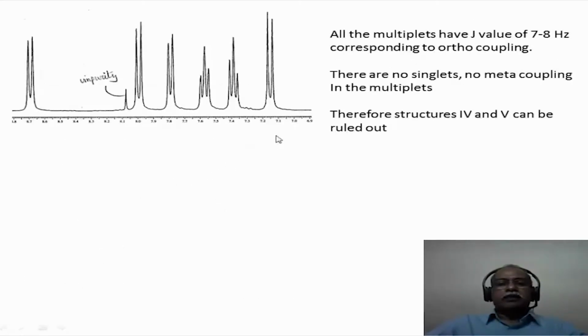In other words, from 7 ppm here all the way up to 8 ppm, this length would be essentially 300 Hertz. So one can find out the gap between these two, how many Hertz it belongs to, and so on. I have done this exercise, and each one of the multiplets corresponds to about 7 to 8 Hertz or so, which would correspond to ortho coupling in this case. That means there is no meta coupling in the multiplets.